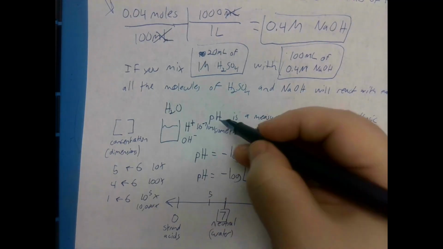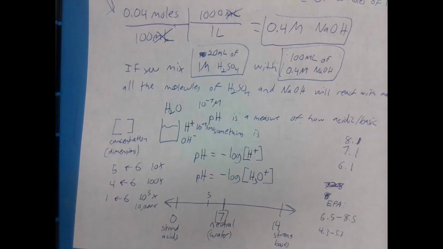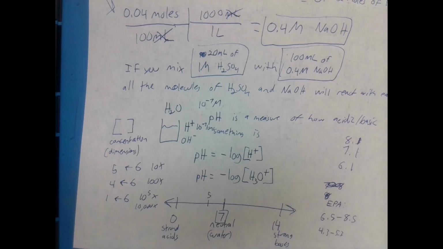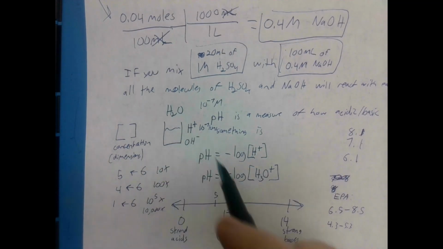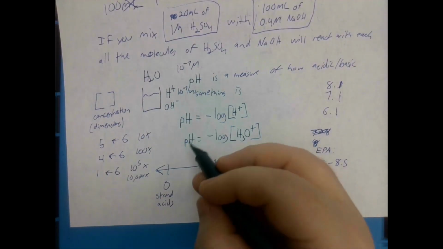Its concentration is 10 to the negative 7 molarity of H plus ions, a very small amount of ions. And then we compare it to that.